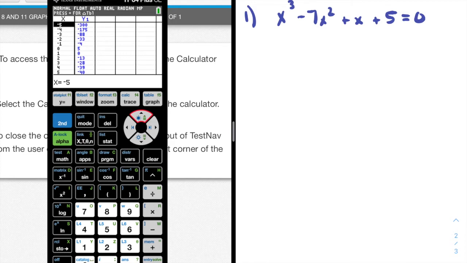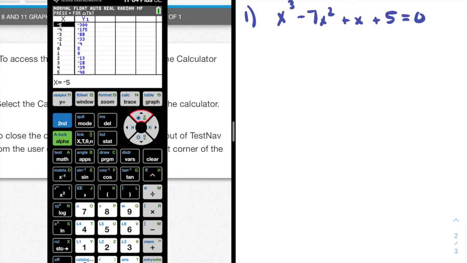And this is a nice place to be because we can have the calculator tell us any solutions. If you remember anything about what solutions are, x-intercepts. And x-intercepts are where your y is 0. If you think about where a graph crosses the x-axis, at that point the y value would be 0 there. So we can find solutions to these questions by simply looking at where y is 0.